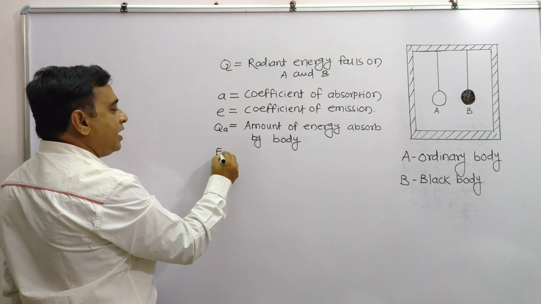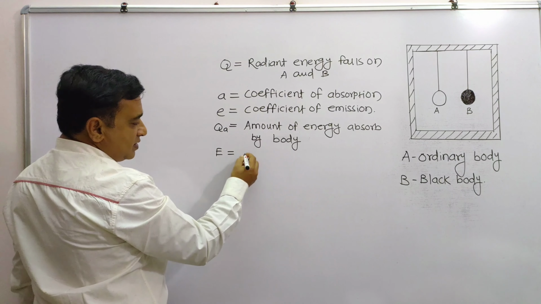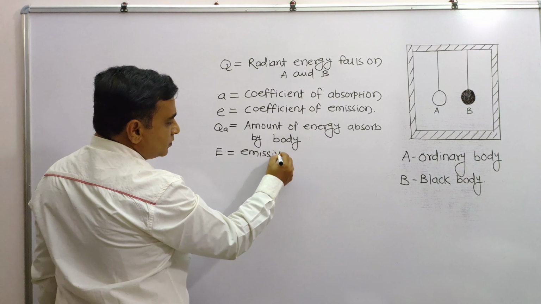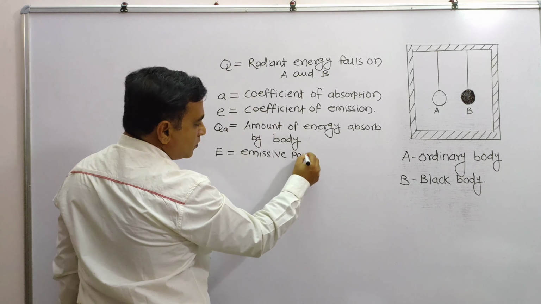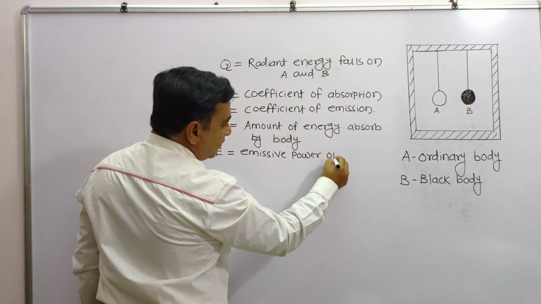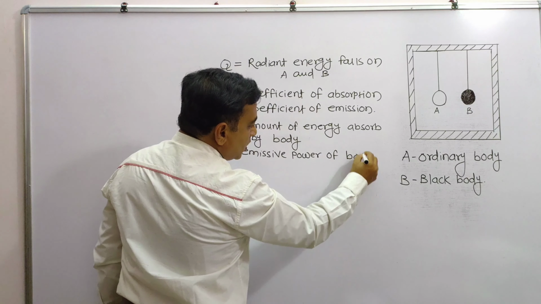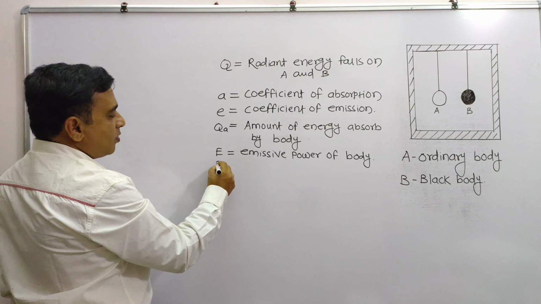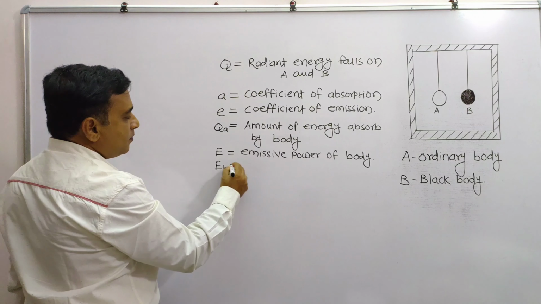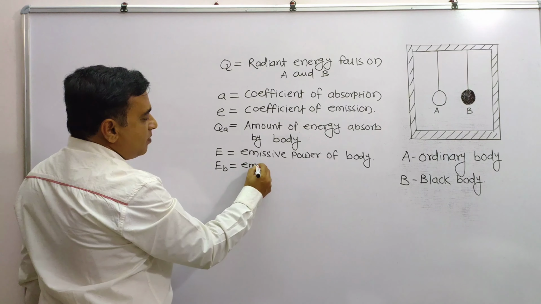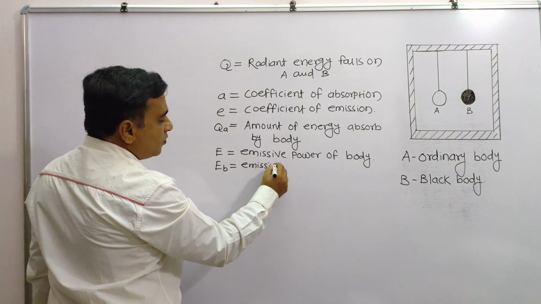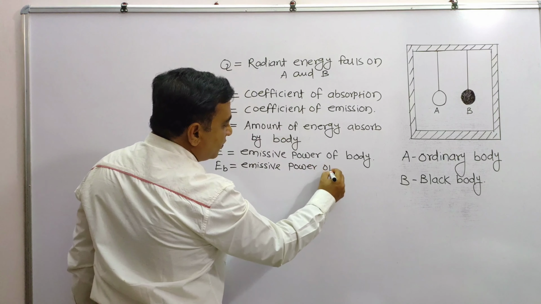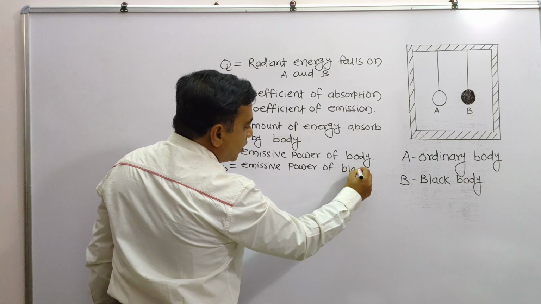Let E be the emissive power of a body. Generally, when I write body, it means the ordinary body. What about EB? This is the emissive power of the black body.